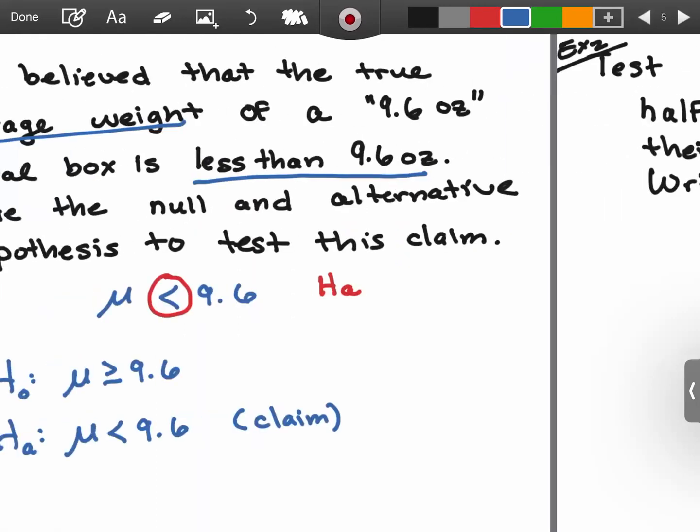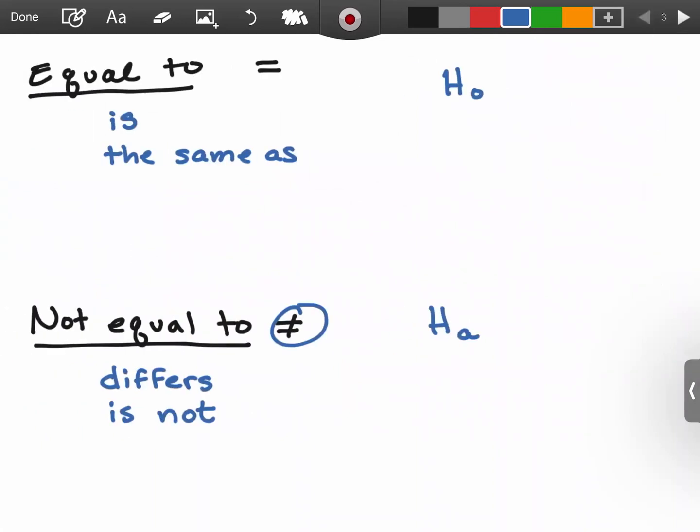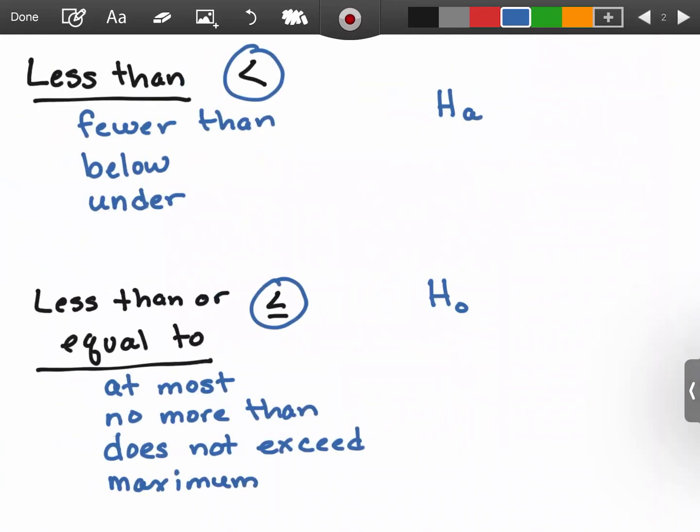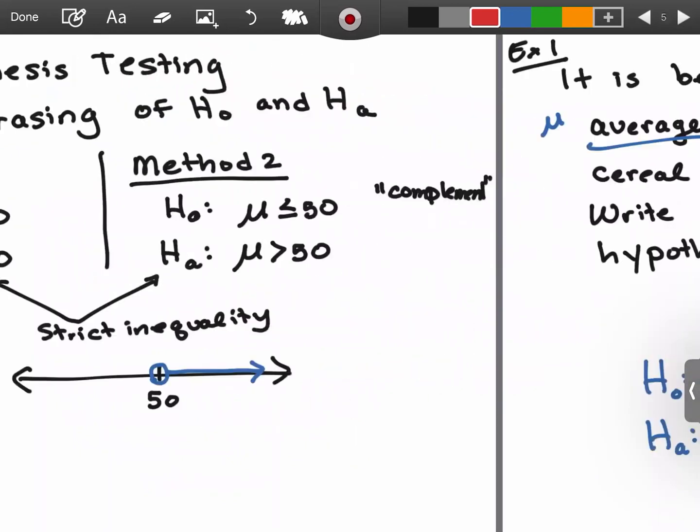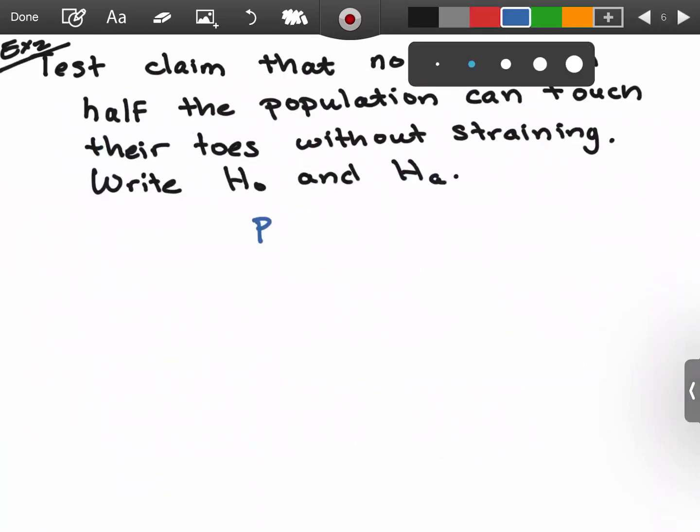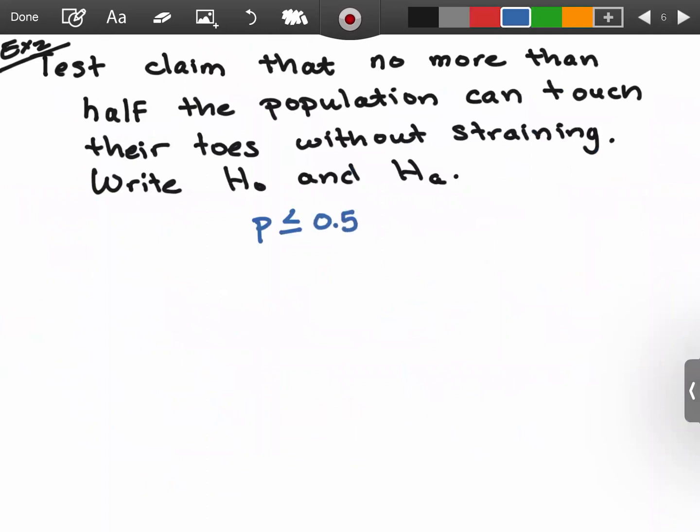No more than is over here, so the symbol we would use is a less than or equal to sign. So we're going to write p is less than or equal to 1/2 or 0.5.